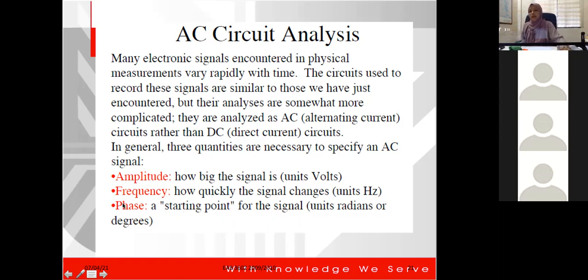So boleh faham tak apa tu frekuensi? Yang ni pun penting juga. You have heard about frequency a lot of times, but do you know exactly what frequency means? Frequency is how quickly the signal changes. Okay, let's talk about amplitude first.